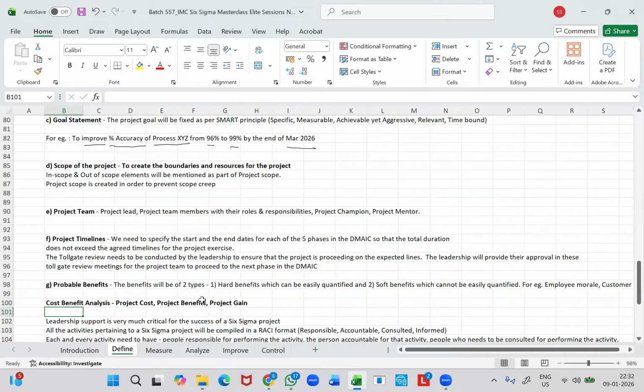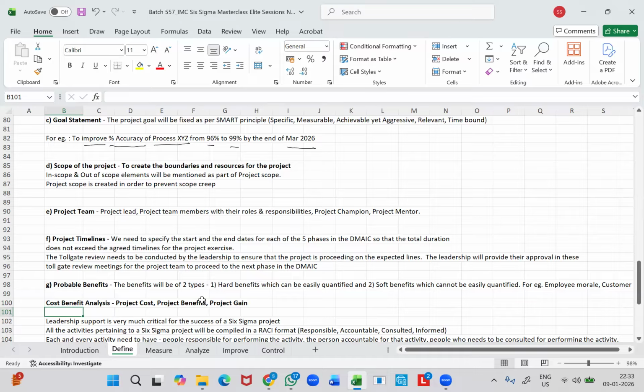They will ask a question like, the cost benefit analysis would include, and the options will be given as project cost, project benefit, project gain, and then the fourth option will be all of the above. So you need to pick the fourth option, all of the above, because all these elements like project cost, project benefits, and project gain will be part of a cost benefit analysis, right?